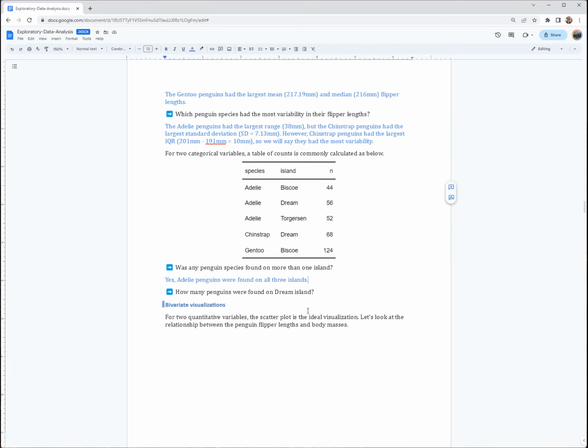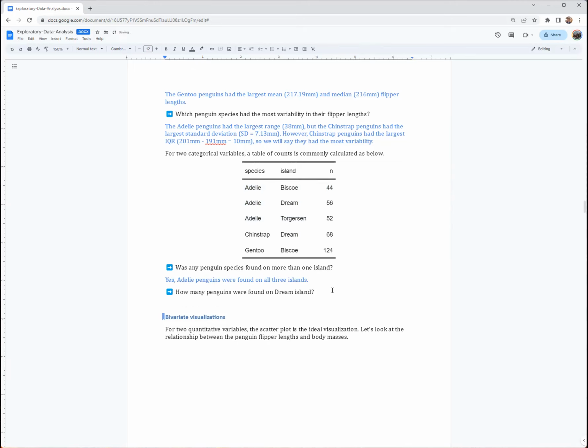So they really got around between the islands. Okay. How many penguins were found on the Dream Island? Okay, so we've got to add up the 2 numbers for Dream. So 56 and 68. And so that gives us 124, I think.